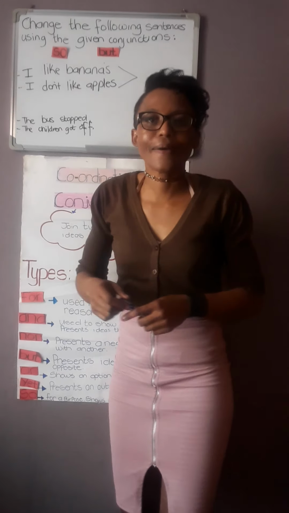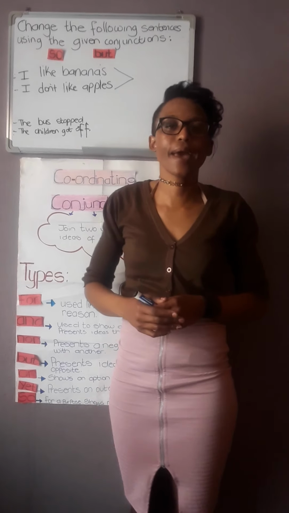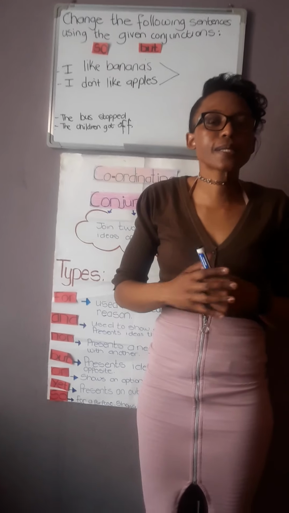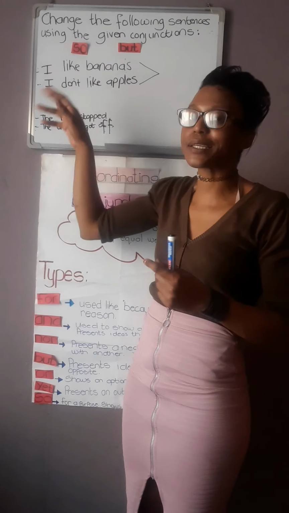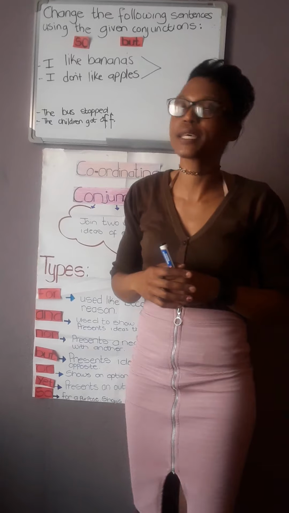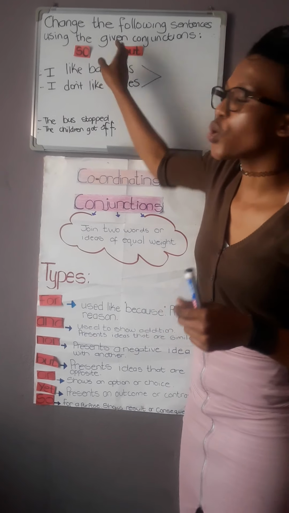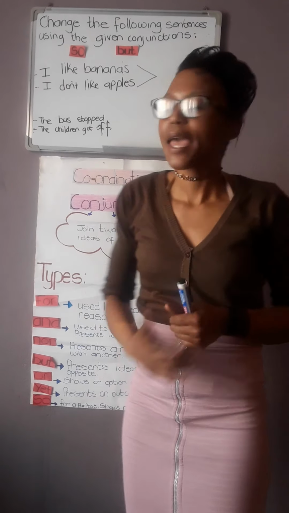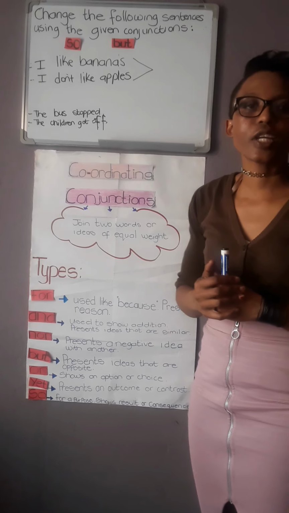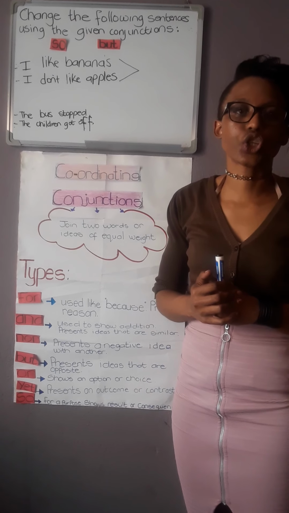The second idea, however, says I don't like apples. So because I've already established that these two sentences or two ideas are opposite, I will then look at my two given coordinating conjunctions and then look at the functionalities on our coordinating conjunction chart.